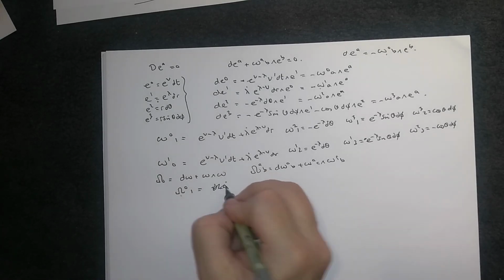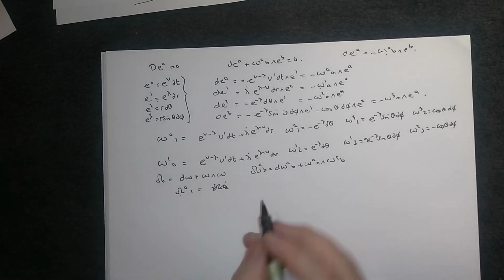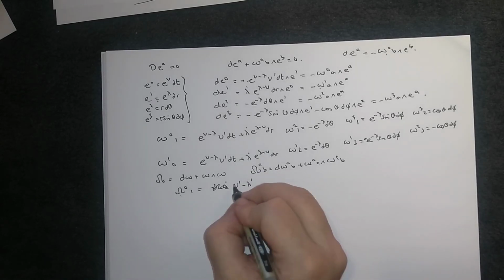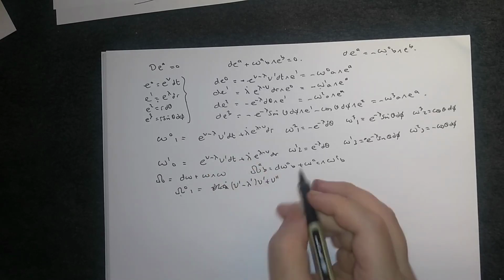Sorry, as the t terms, I actually only need the spatial derivatives, mu prime minus lambda prime minus nu prime plus nu double prime.